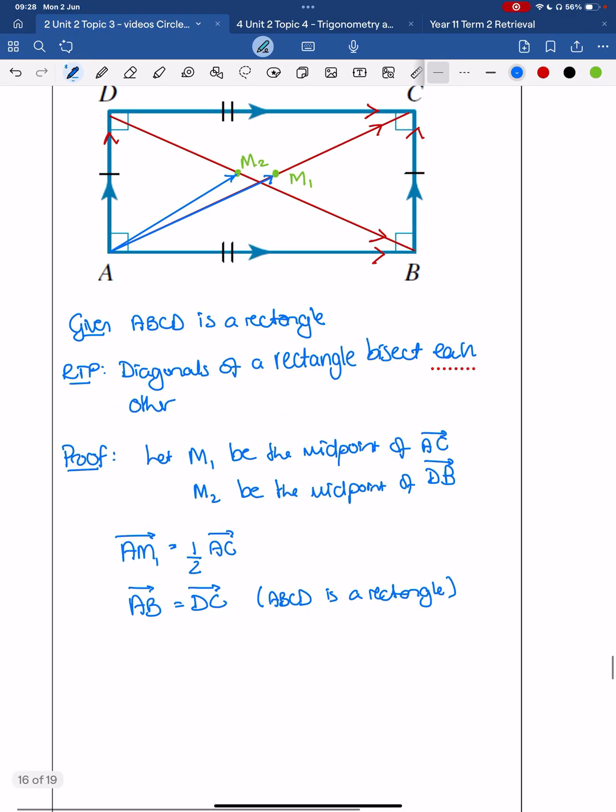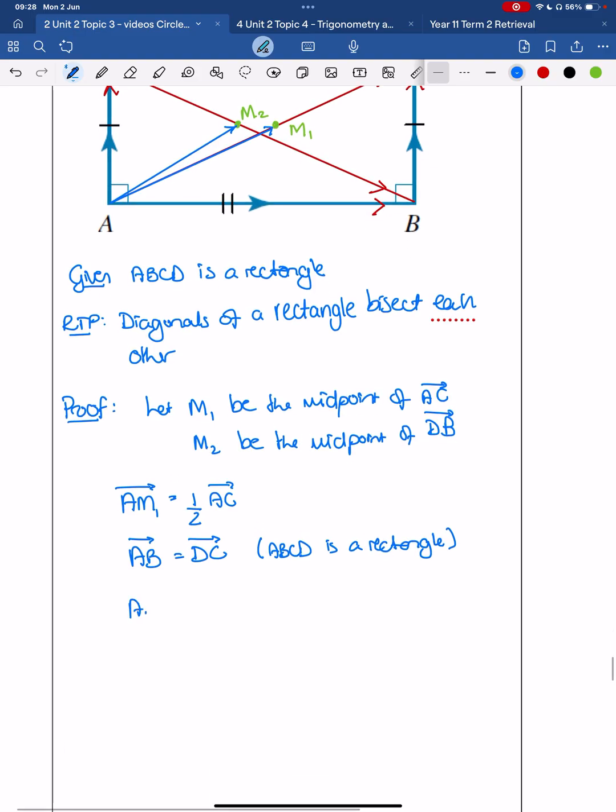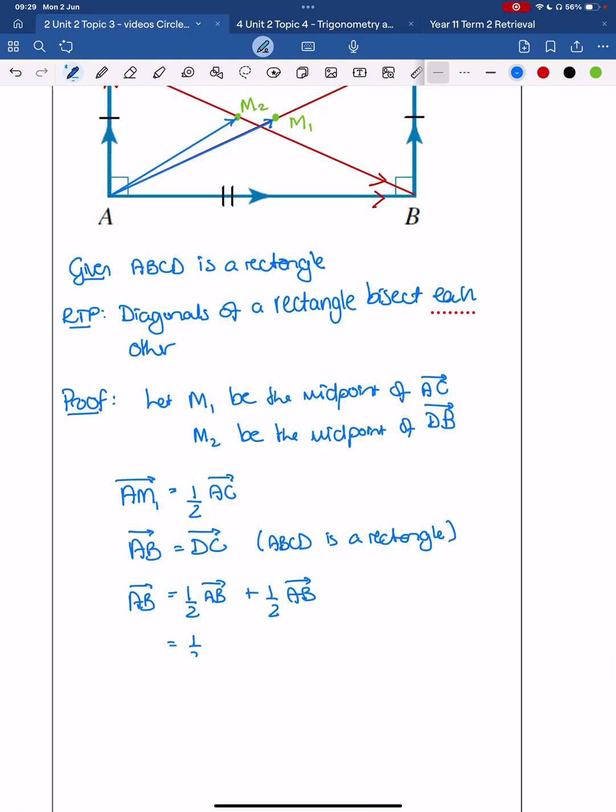I also know that I can write AB as half AB plus half AB. Bear with me, okay? Because if AB is equal to DC, AB could be written as half AB plus half DC. Okay. Let's make this one equation 1 and this one equation 2. And let's see what we can show.